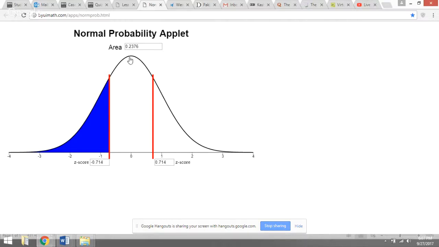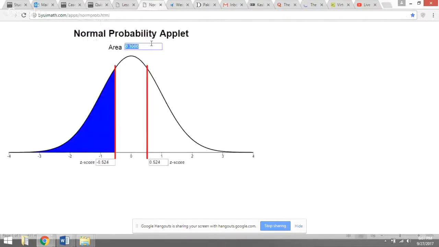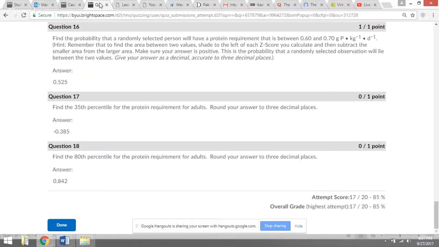So I did that. I highlighted the first part and I did 0.35 for the 35th percentile. And then I entered it. And the z-score that you get is negative 0.385. So that's what I put here.